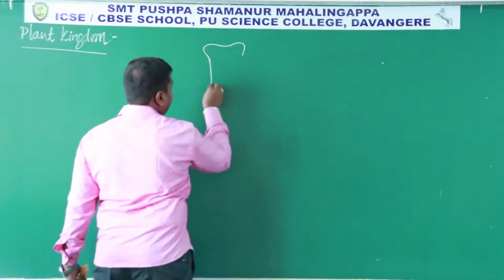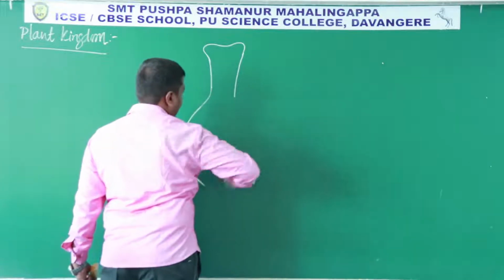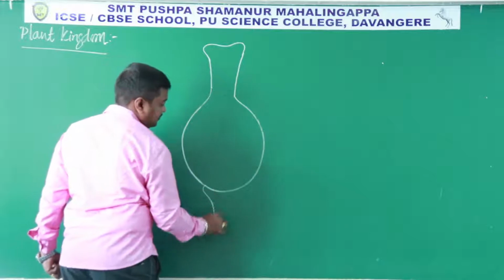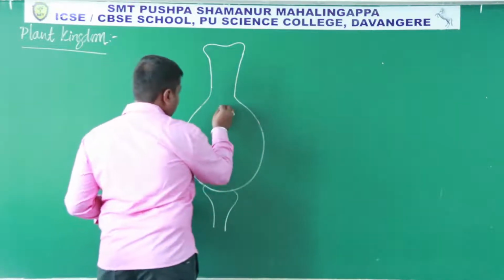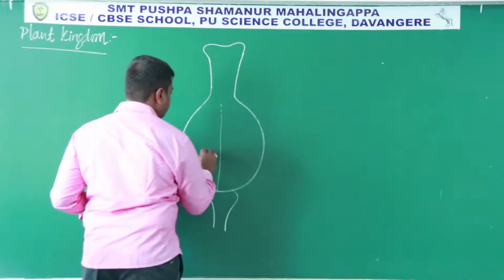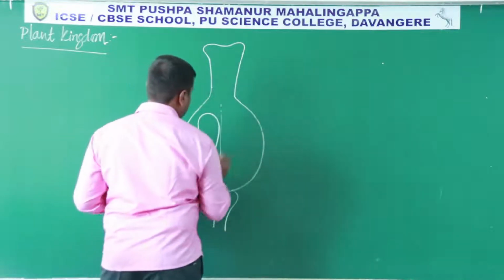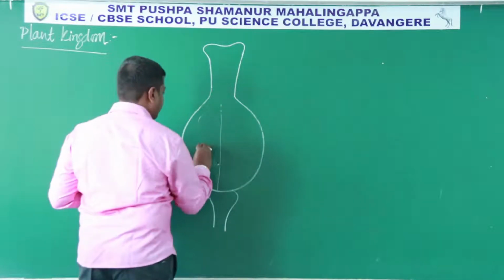Suppose this is the stigma, this is the style and this is the ovary. Within the ovary, let's say there are some ovules. Let me draw a single ovule.